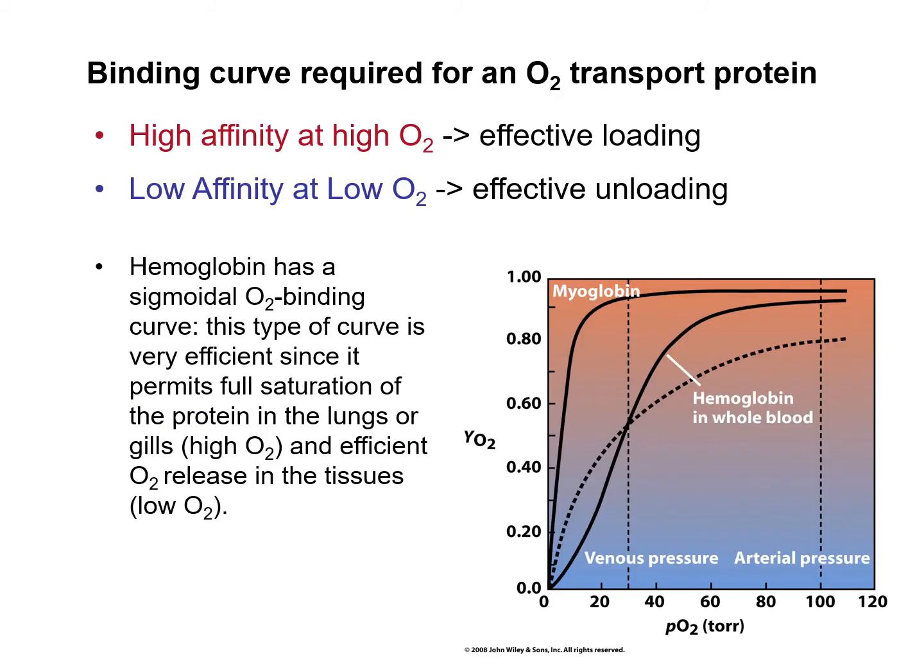A special binding curve is required for an oxygen transport protein like hemoglobin because it has to have a high affinity at high oxygen for effective loading, but also it has to have a low affinity at low oxygen for effective unloading on the tissues and the cells.